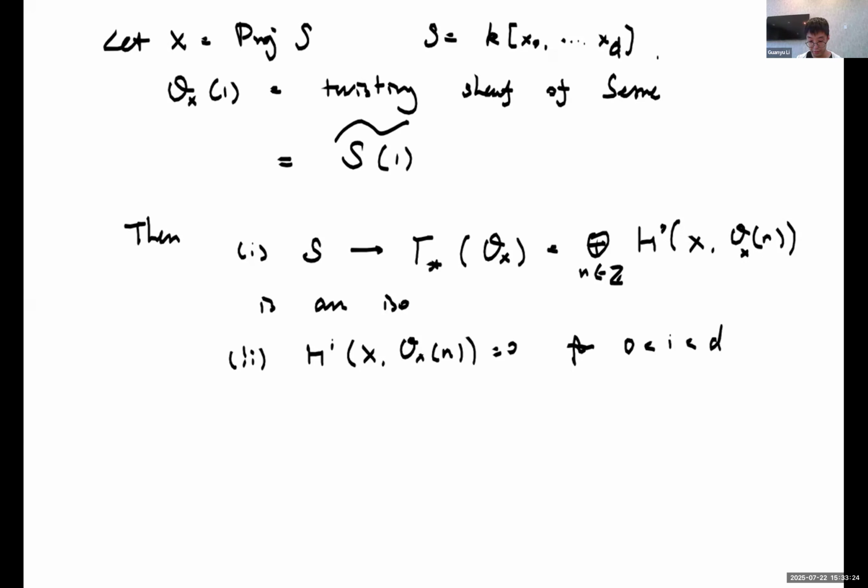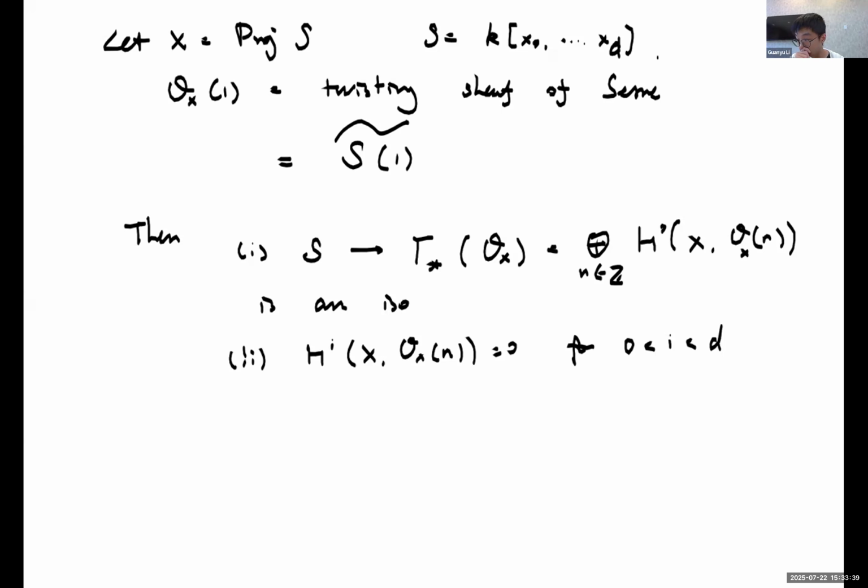For all the twisting sheaves between the dimension and 0, there's nothing inside, and outside there's nothing. The only possible non-trivial part is H^0 and the top dimension.